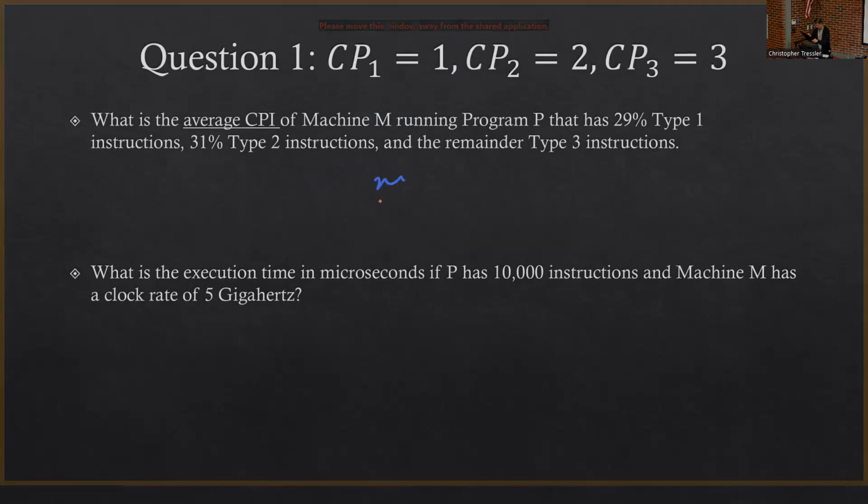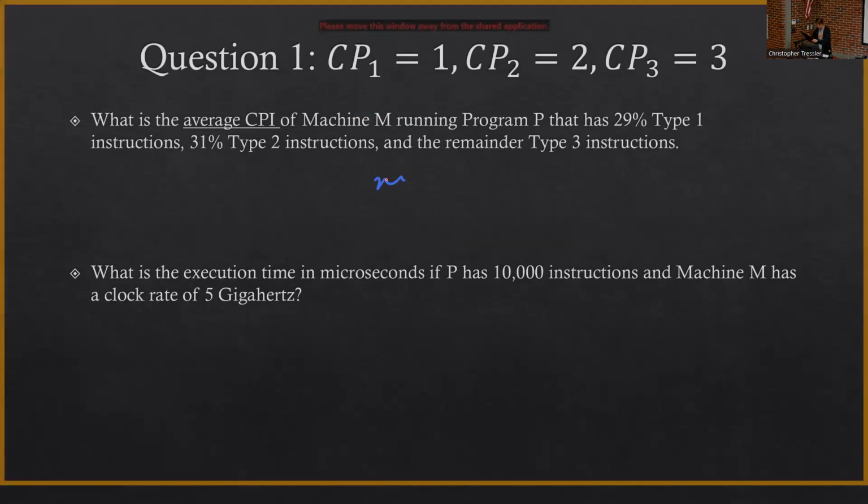It's a little laggy, I'm not sure why. What we're doing here is we're going to have 0.31 times 1, plus 0.29 times 2.